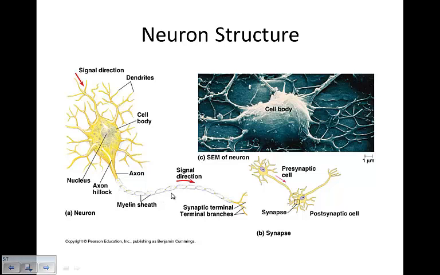Then of course we have this myelin sheath, and this is a lipid layer. It's a layer of fat, and it's insulation around the axon, and it's created by what's called Schwann cells. What it basically does is prevent the electrical energy of the neuron from burning the underlying muscle tissue.